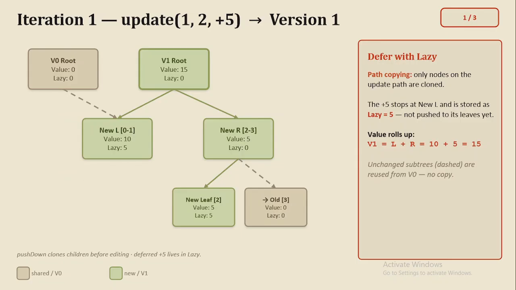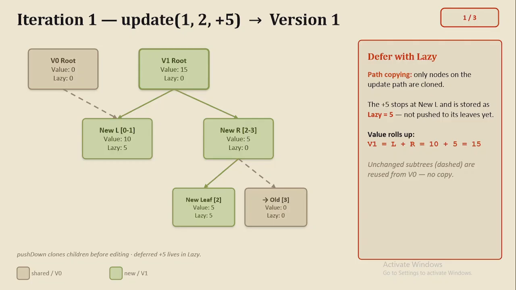Now we apply our first update. We will update indices 1 to 2 and increment the value by 5. So instead of modifying version 0, we clone only the nodes on the update path. The right child covers index 2, so it gets a new leaf with value 5.